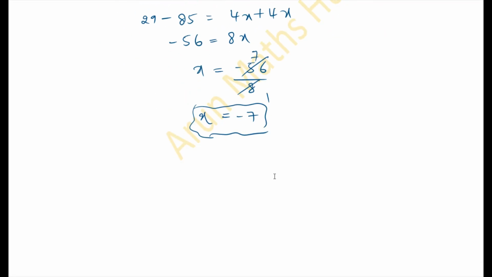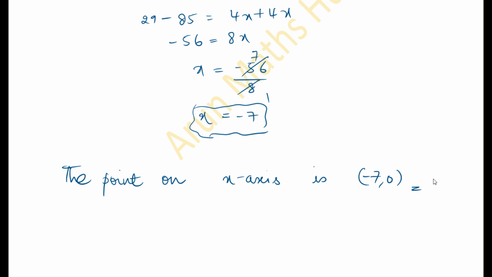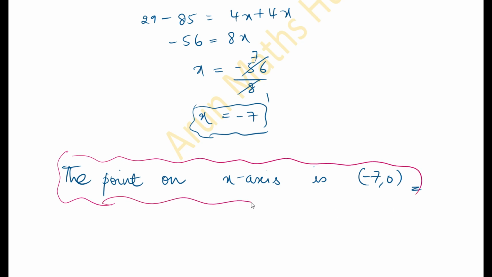Therefore, the point on the x-axis is what? The point on the x-axis is x comma 0. What is the x value? Minus 7 comma 0. The required point on the x-axis is minus 7 comma 0.